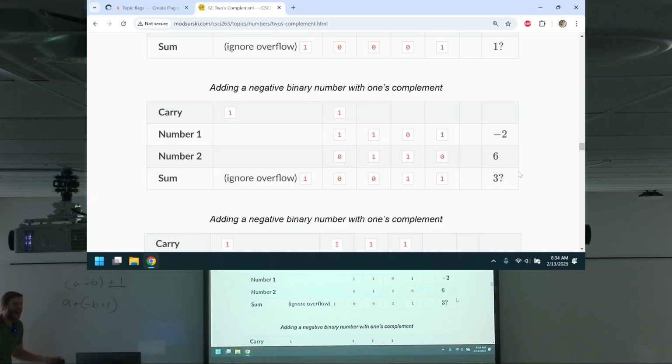It doesn't matter when I add the 1. I could add the 1 before, after, whatever. If you're thinking, well, I guess you could have added the 1 to the a, yeah, but no, don't do that. B was the one that we're negating, right? So we bake that plus 1 into the 1's complement number to get 2's complement. Okay? That was 2's complement.